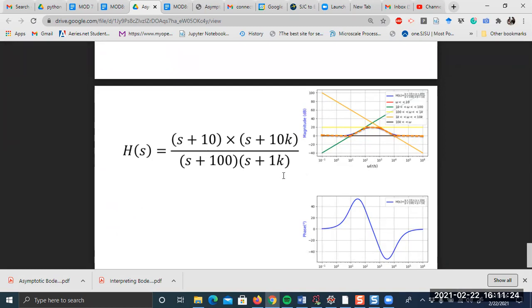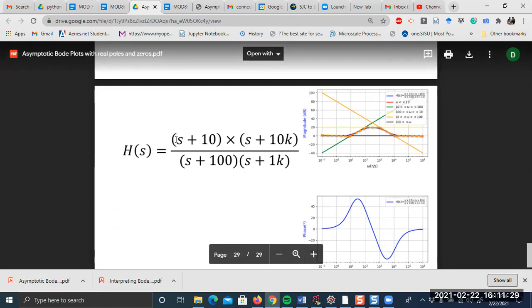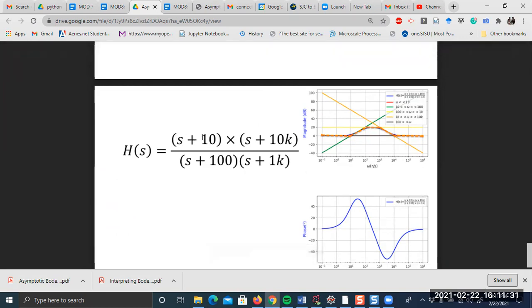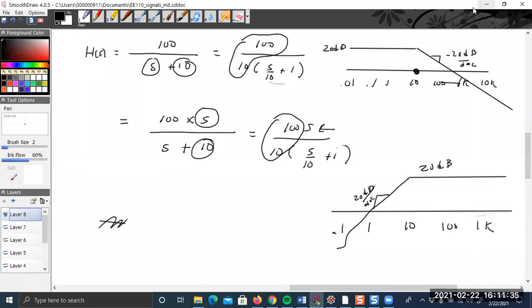He pulls everything out and then calculates the DC gain. And it works even though there's roots, because the roots aren't equal to 0. So what I'm saying, the video is correct for the example he does, but it doesn't work when you have a root at 0.